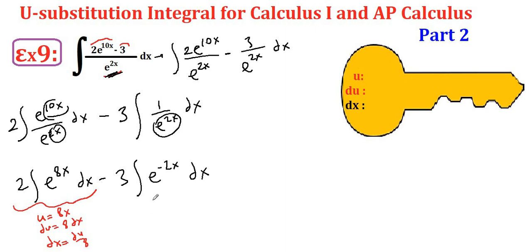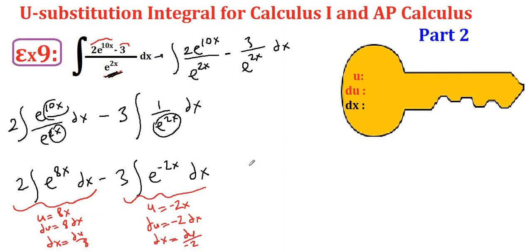And in this integral, let u become -2x. Then du will be -2 dx, and if you solve for dx here, it will be du over -2.